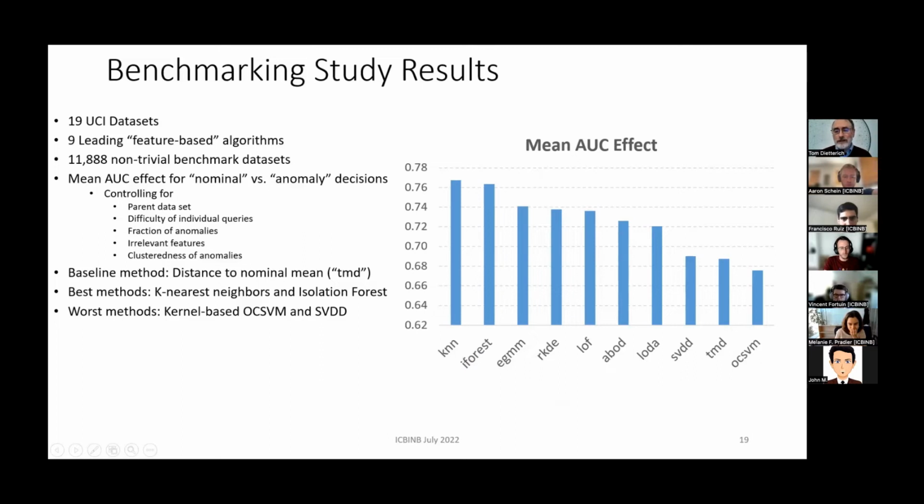So maybe that's why it's doing better. But I should say, for these problems, because we were repurposing classification problems, the features were engineered to deliberately try to make the classes discriminable, right? Which means that they are very good for also separating the anomalies from the nominals.